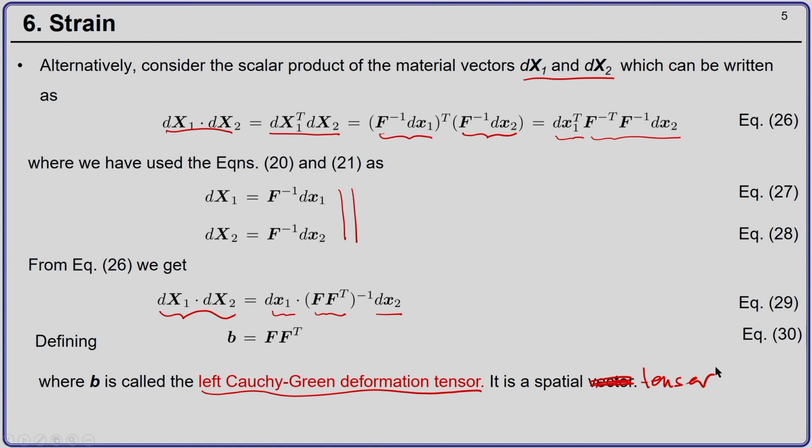So, in indicial notation, I can write B i j, and both the indices are in lower case, which means B resides in the current configuration. B i j is f i I f j I.